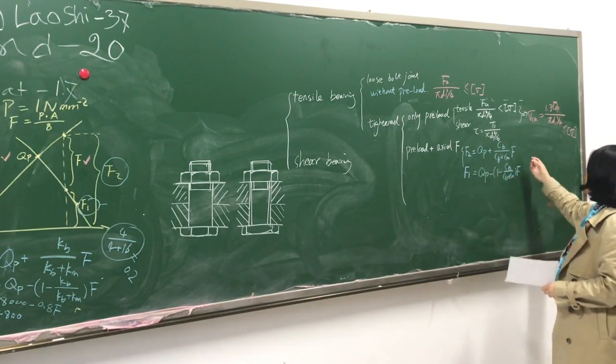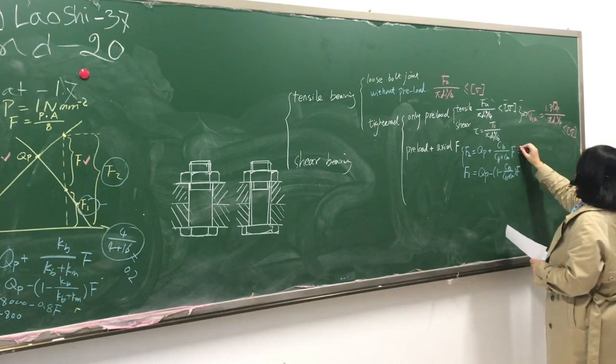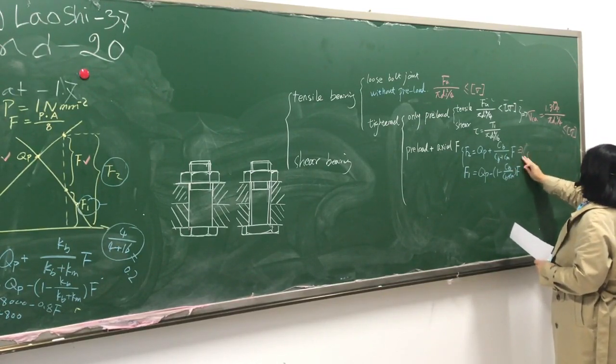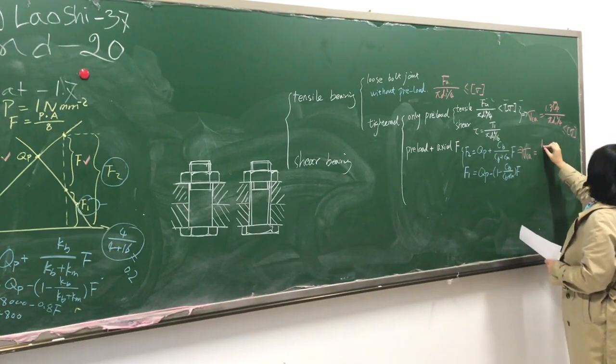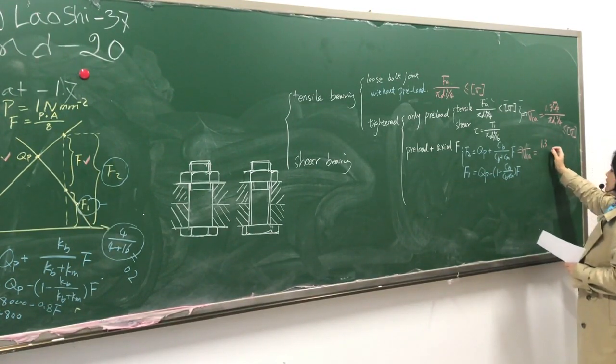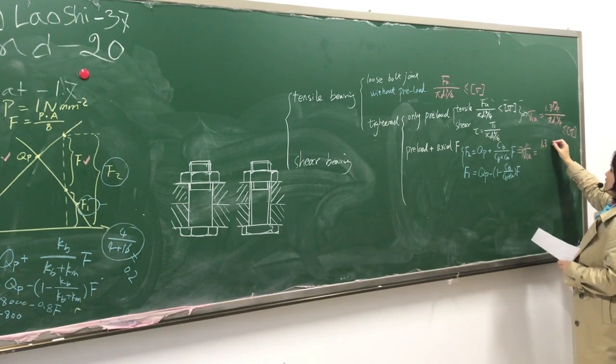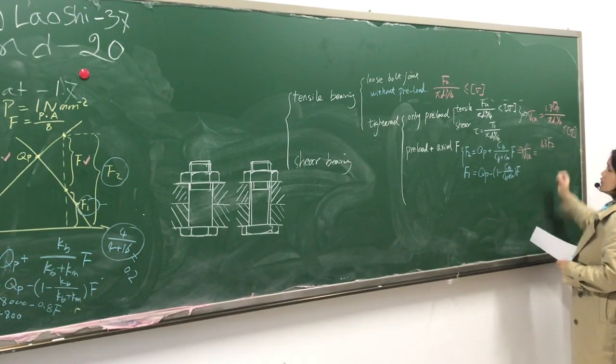So for the bolt, we can obtain that sigma Ca equals 1.3 times F2.